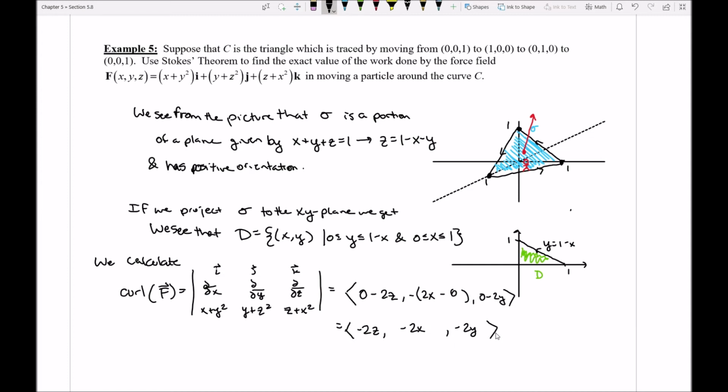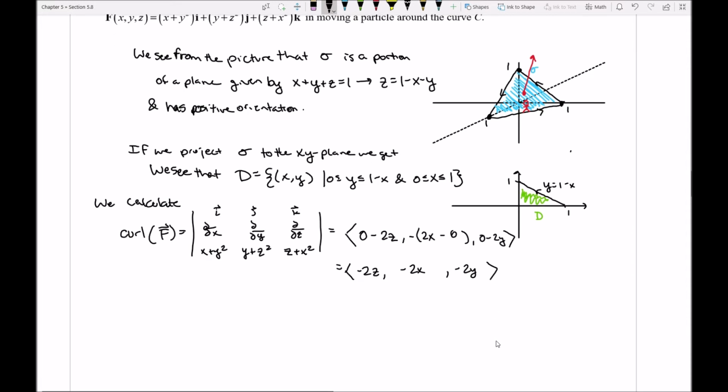Okay, so now I can think about setting up this double integral. I'll say that by Stokes' theorem, if I want to do this work integral along C, that's instead equivalent to this double integral over sigma of my curl of f dS.